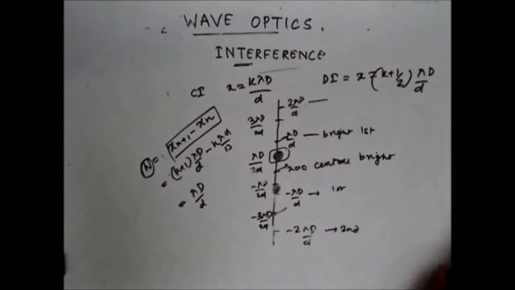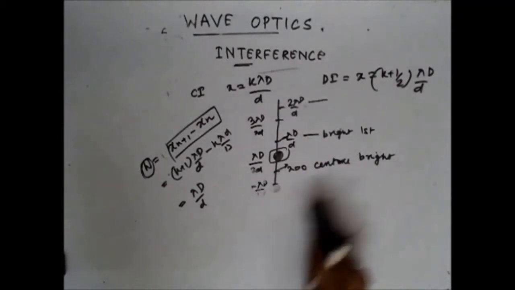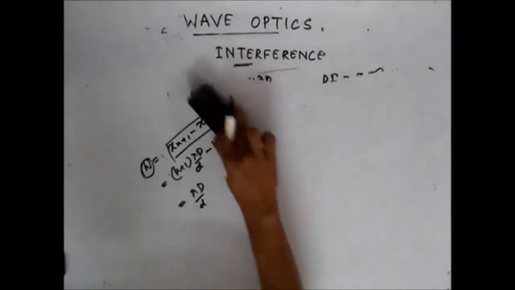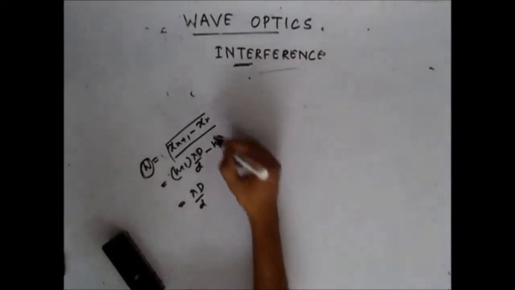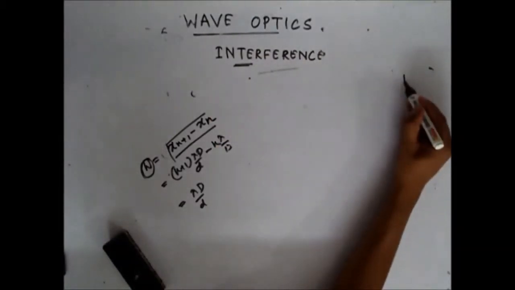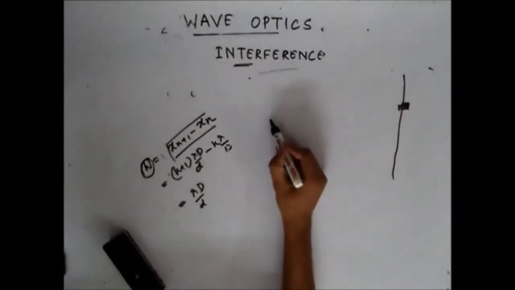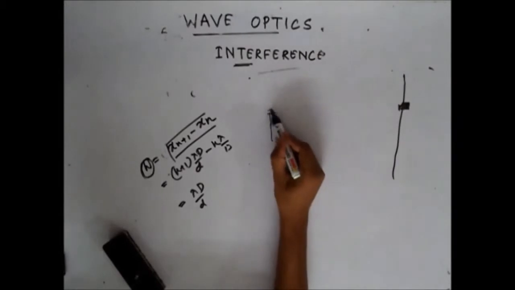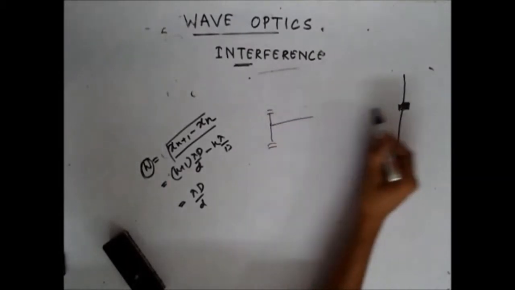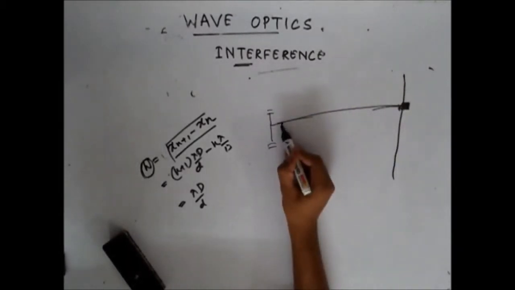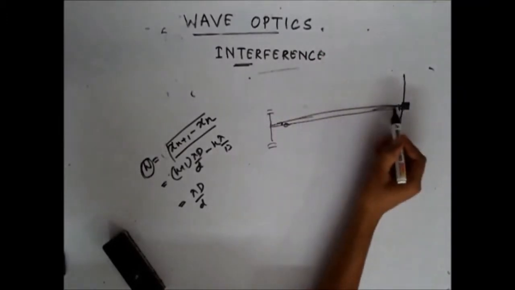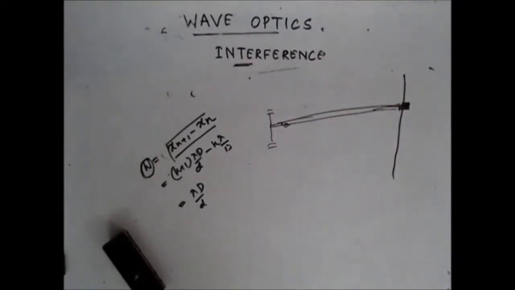Now we have something called the angular fringe width. How we define angular fringe width is, let's say I have a dark fringe here. What is the angle subtended by this dark fringe? Here it will subtend some angle, so we have to find this angle. This is known as the angular fringe width.